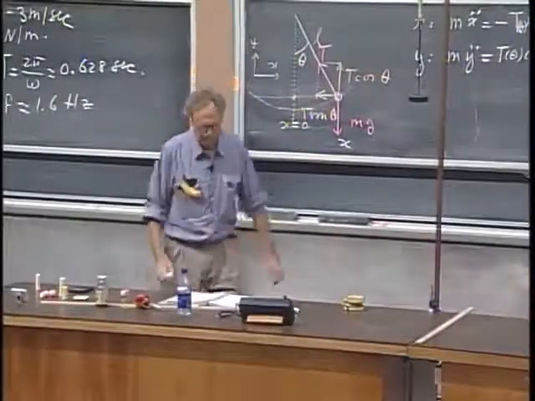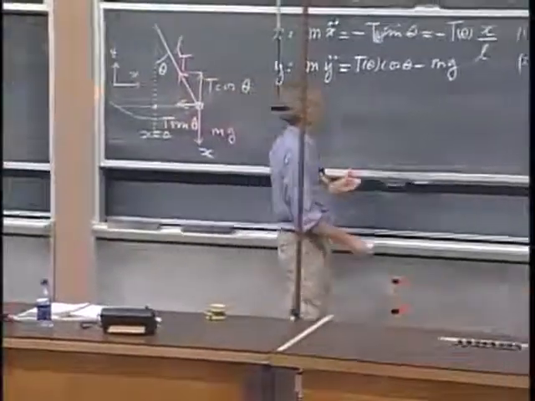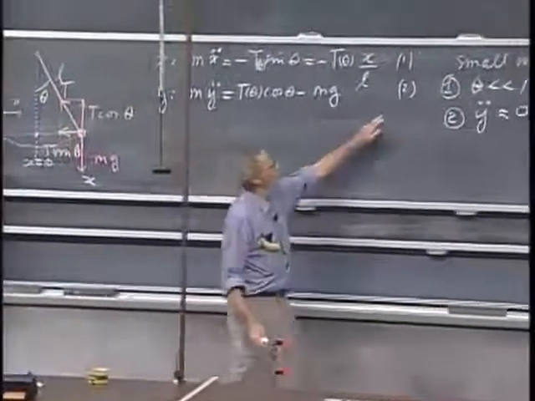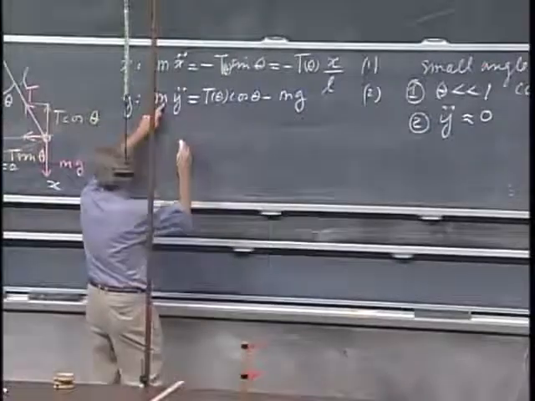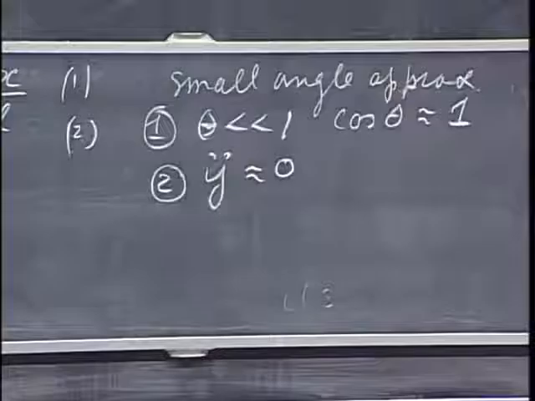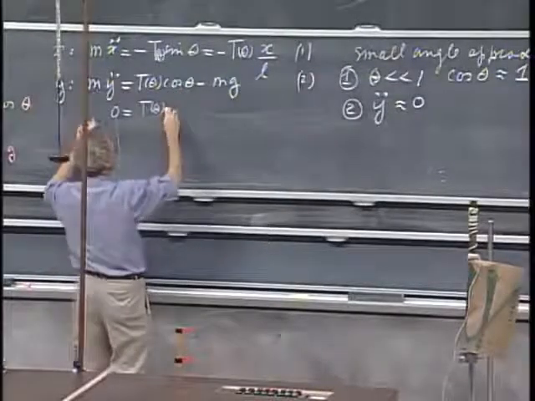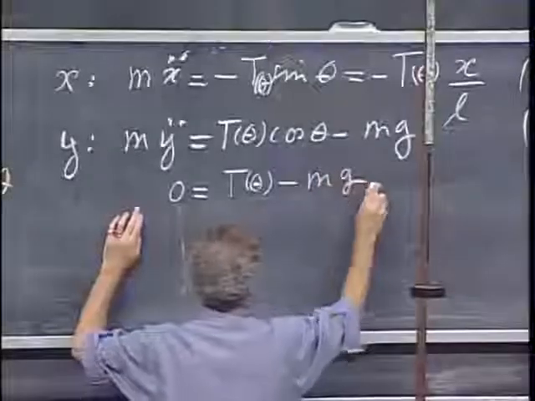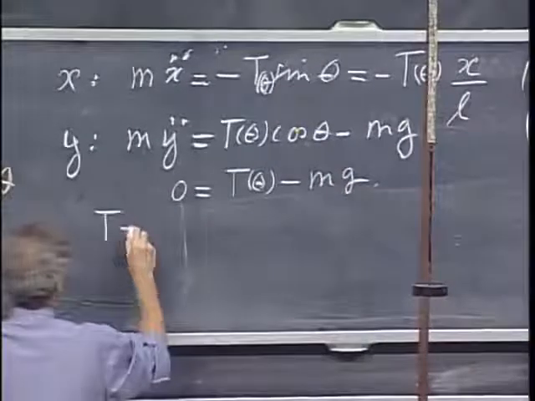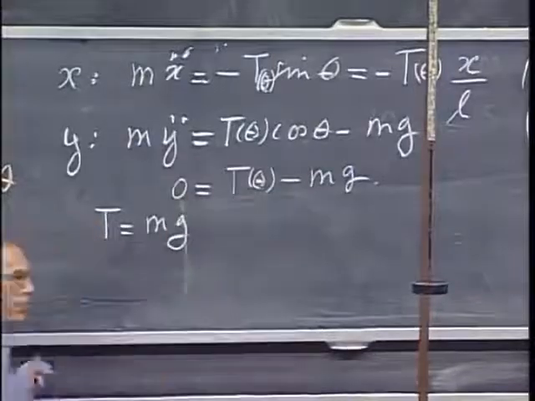With these two conclusions, which follow from the small angle approximation, I go back to my equation number 2. And I find that 0 equals T, which could be a function of theta, times the cosine of theta, which is 1, minus mg. So I find that T equals mg. Notice it's no longer even a function of theta.